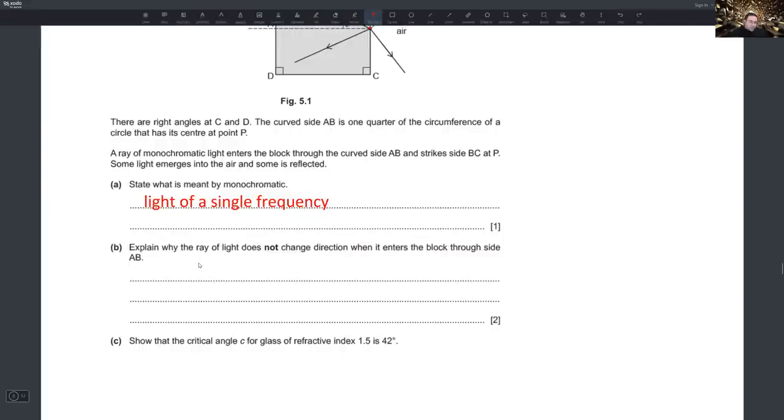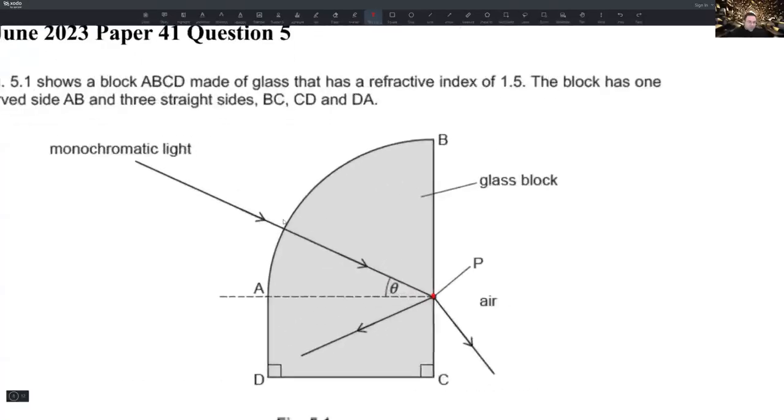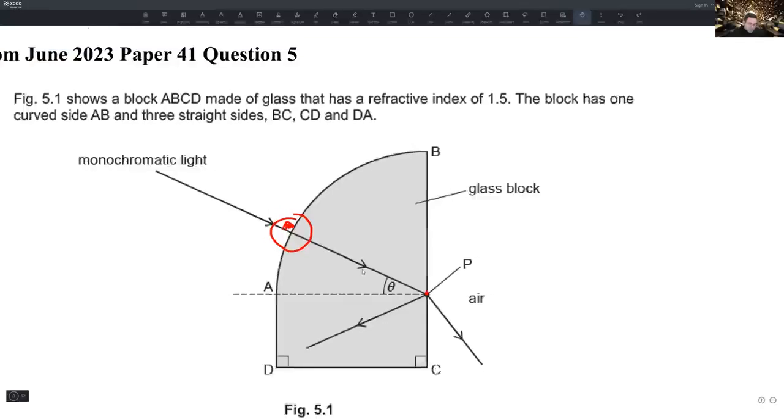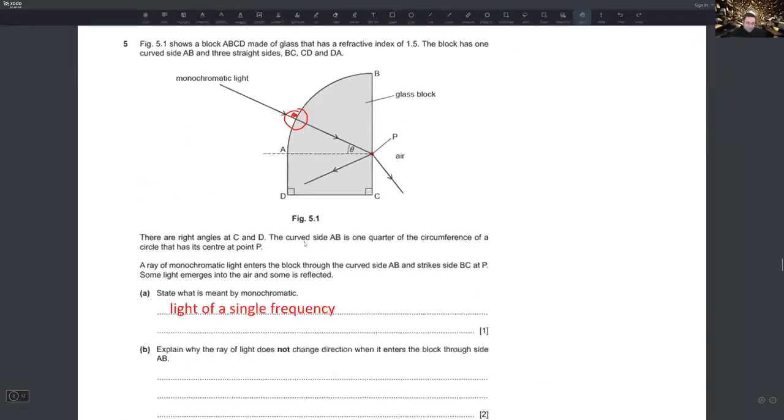Explain why the ray of light does not change direction when it enters the block through side AB. As long as the light ray doesn't bend, it's entering at 90 degrees, normal to the surface.